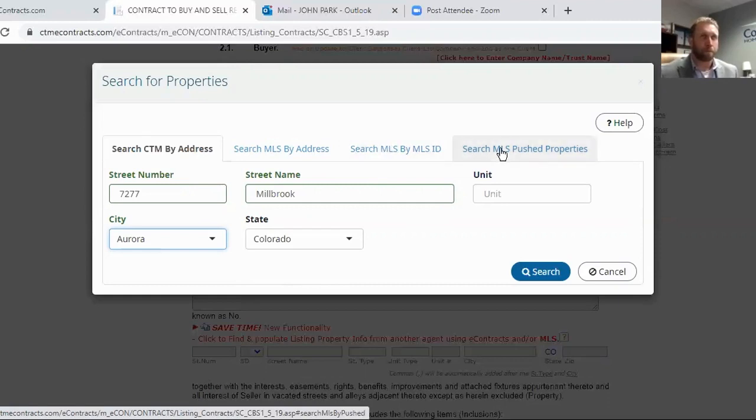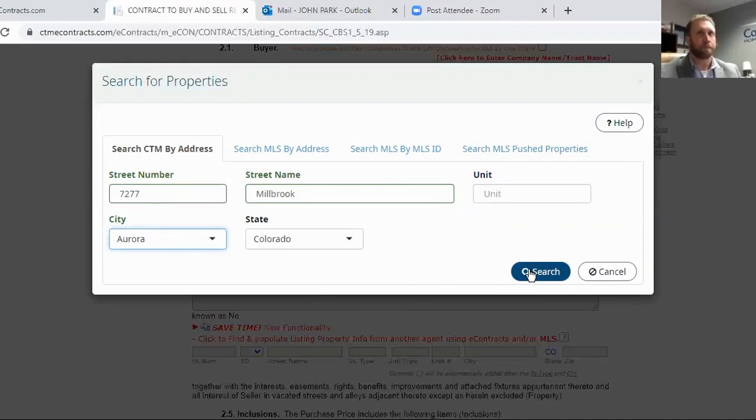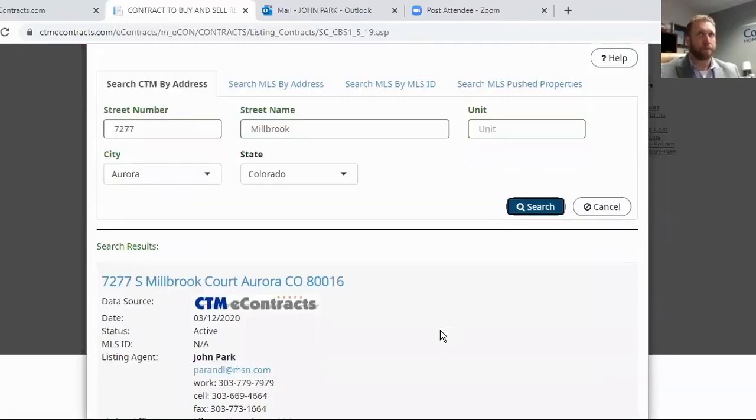Or other MLSs, you could try. 99% of the time, you will find it here. If not, you may have to do an actual printout of the MLS and go from there the old-fashioned way. But anyway, 90% of the time, this should give us the contract that we're looking for.